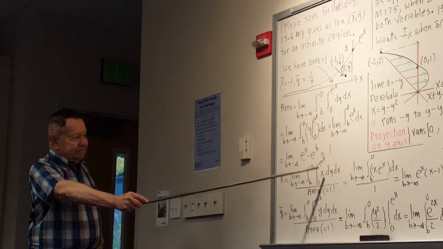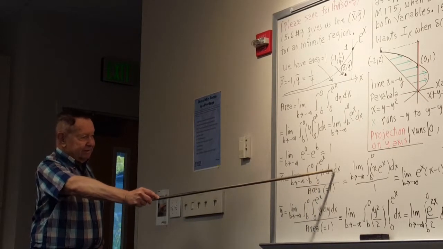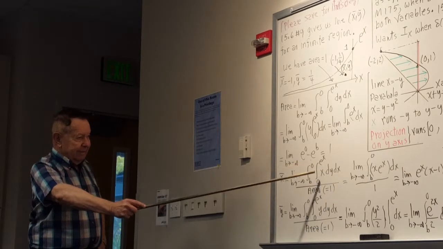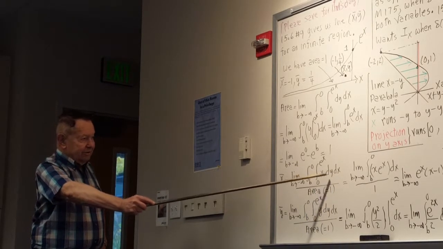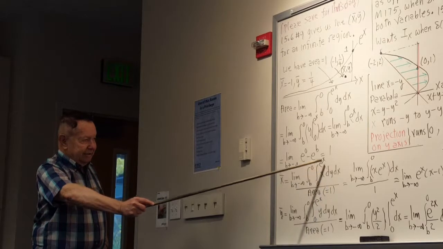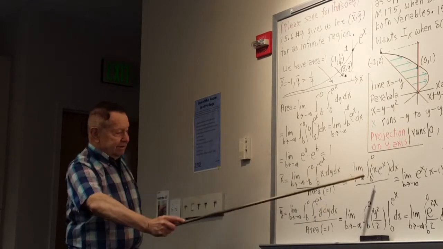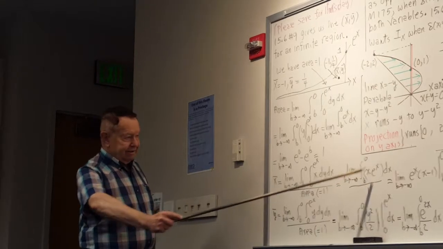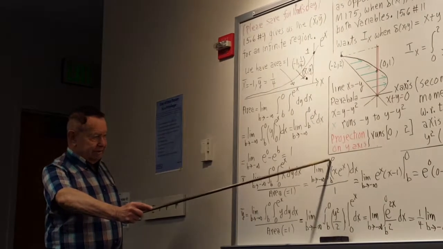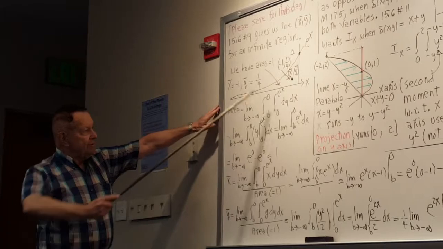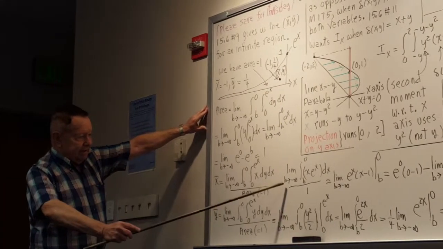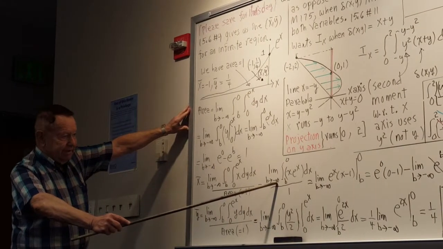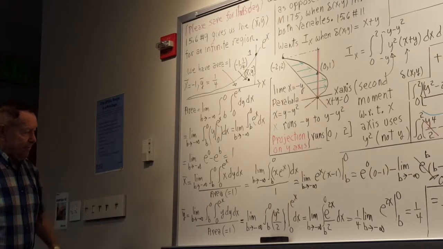Okay, then your x bar will be the integral of x integrated over the region. And so first time out, you get the e to the x. So now you're talking the integral of x e to the x, from b up to 0, and limit as b goes indefinitely to the left.